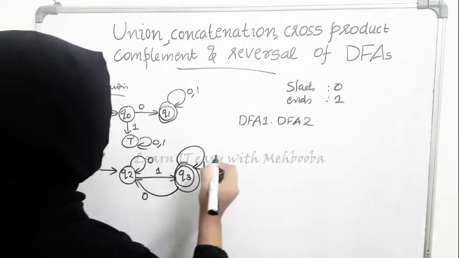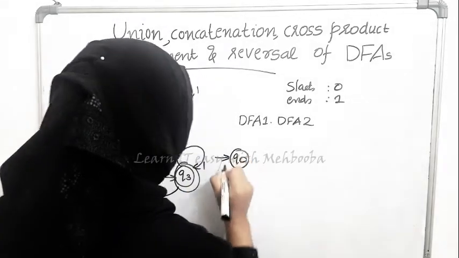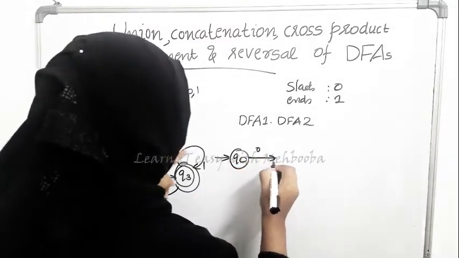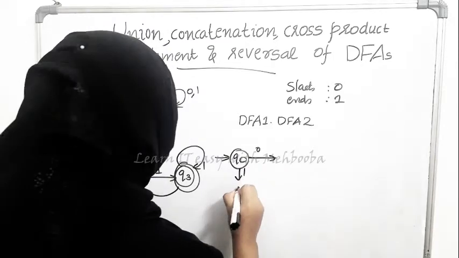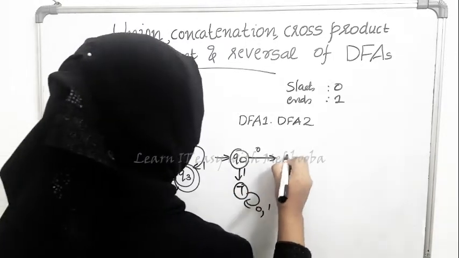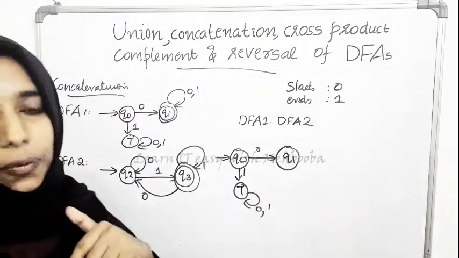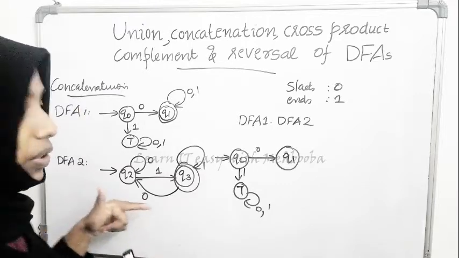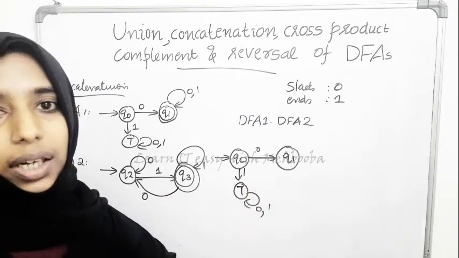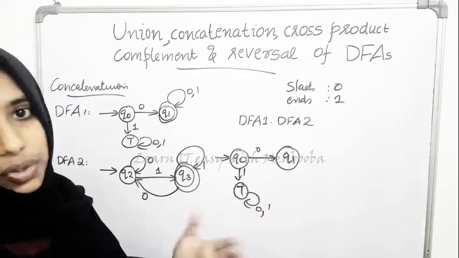So the initial state of the combined DFA is the initial state of DFA1. Now copying the transitions. Now Q1 is the final state of DFA1. So the final state of DFA1 will be merged with the initial state of DFA2 and it will lose its final state status because it is being merged with the initial state.